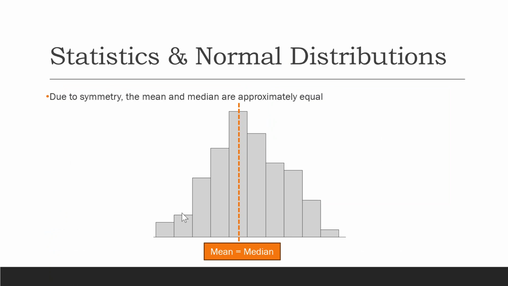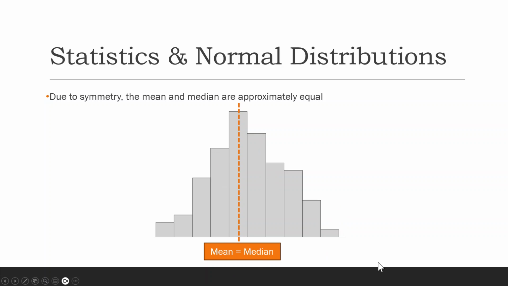Notice that there are approximately an equal number of observations on the lower extreme end of our data set as there are on the upper extreme end, and the mean and the median are going to be equal to each other in the center. Those on this lower end, their magnitude is going to be offset by the magnitude of the observations on this other end. And since we have symmetry here, our mean and our median are going to be equal.